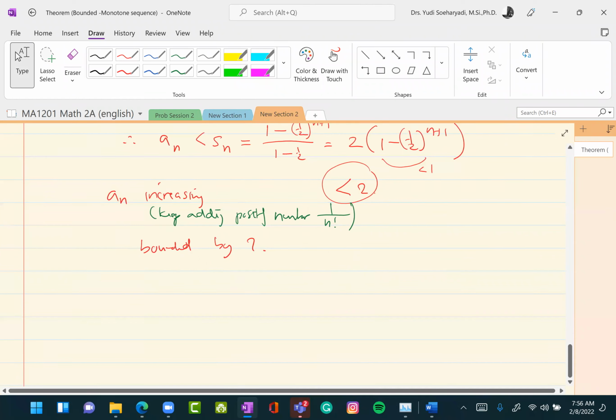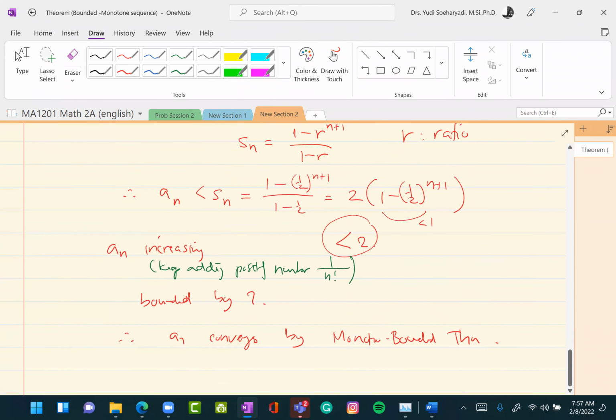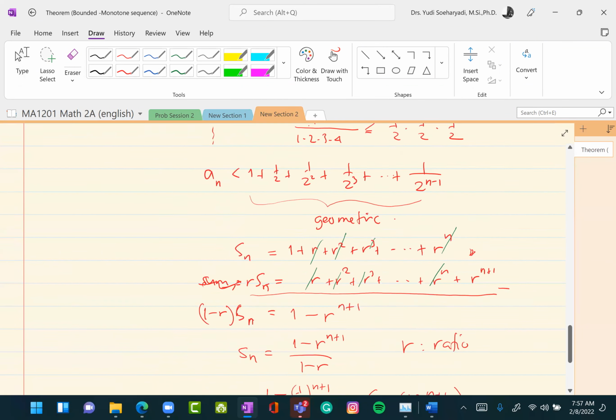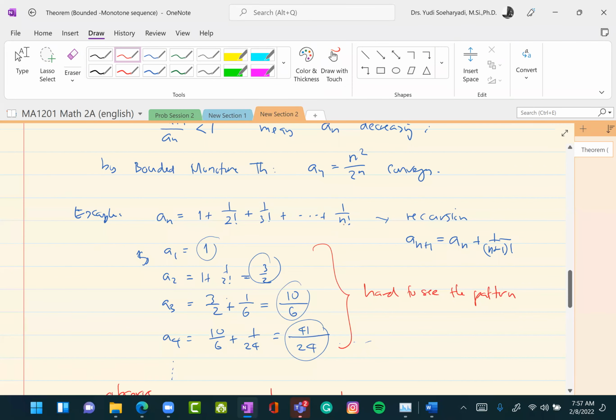Okay, and therefore this sequence converges by monotone bounded. So that's something that keeps getting larger and larger because you keep adding something here, but it is still bounded.